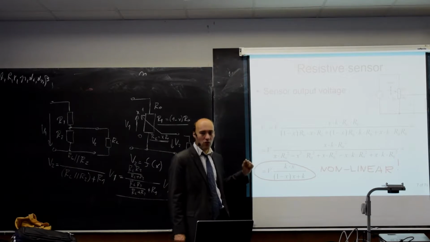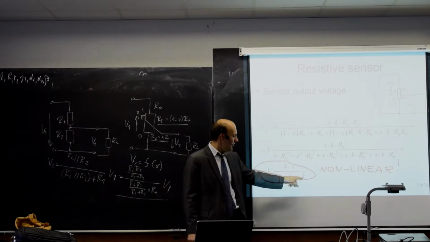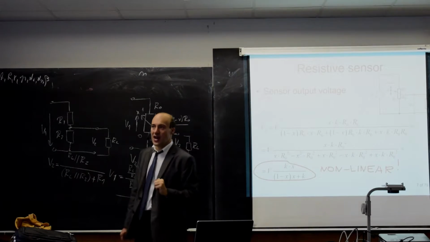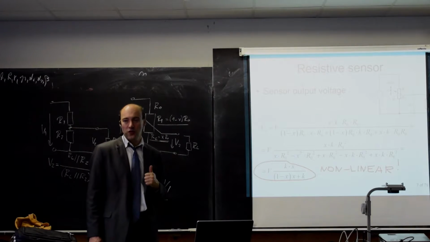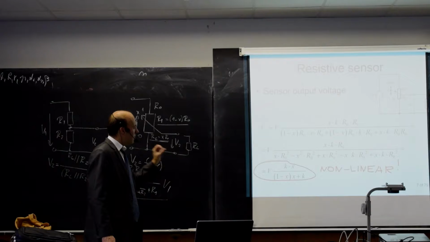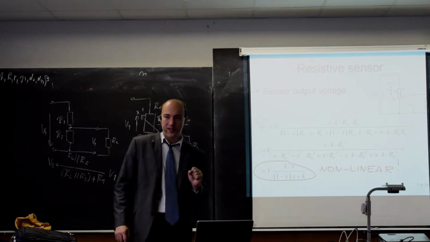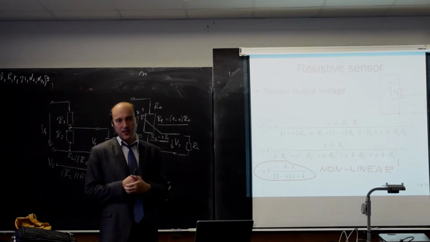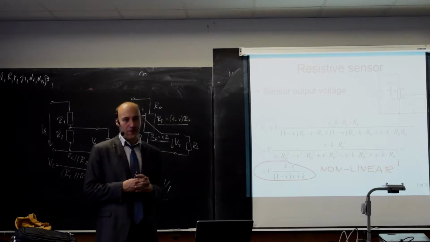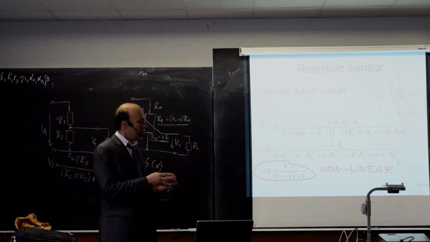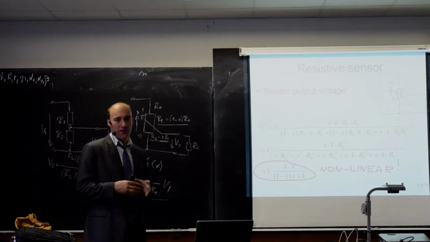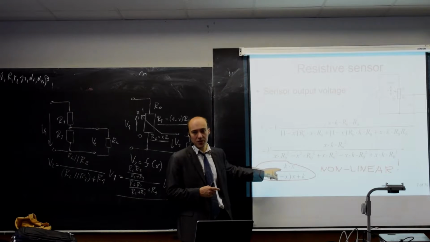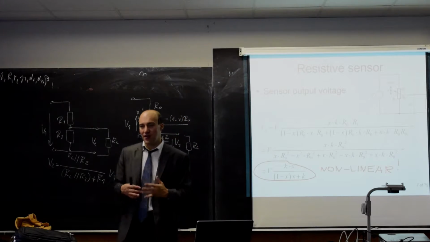And it will be linear only if I have a very high value of K, and a very high value of K means I have a very high input resistance of the voltmeter. So the goal for all experiments with resistive sensors is to use a voltmeter which has a much higher input resistance than the resistance of the sensor. So if, for example, we use in the lab a sensor with just 5 kilo ohms, then you should use K higher than 100. So it will be above 500 kilo ohms.